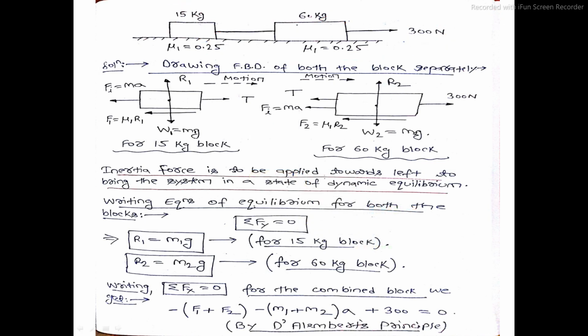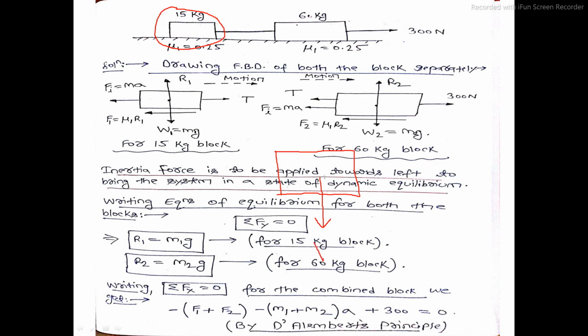Let me draw the free body diagram of this 15 kg block. So this is your 15 kg block. What all forces are acting on this 15 kg block? The first force is the weight of the block acting vertically downward from its center of gravity.